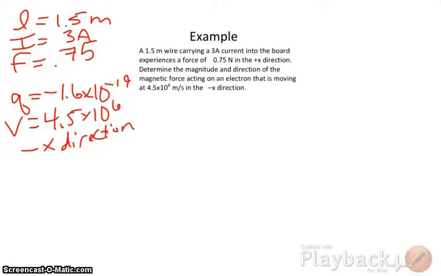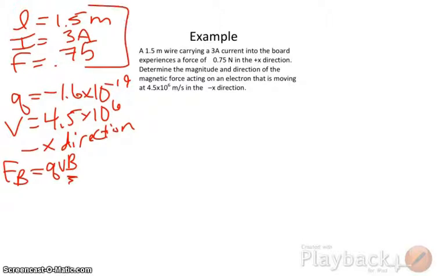Okay, so we're looking for FB of a moving charge. Well, that equals QVB. So we need to find B. But we can do that using this up here: F equals ILB sine theta.